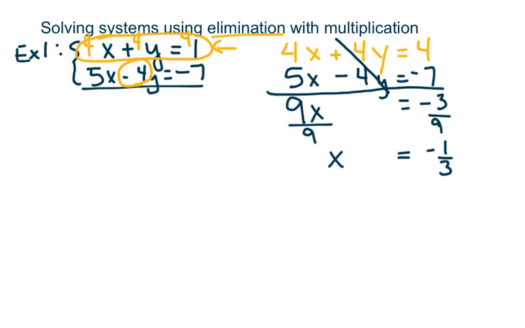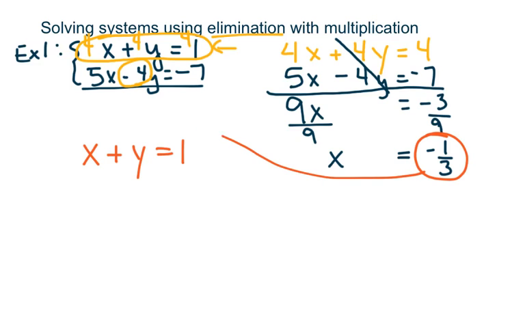Once I know what x is, I take my original problem, x plus y equals 1, and I plug negative 1/3 in for my x value. Negative 1/3 is x, and now I can solve for y. So I add 1/3 to both sides.